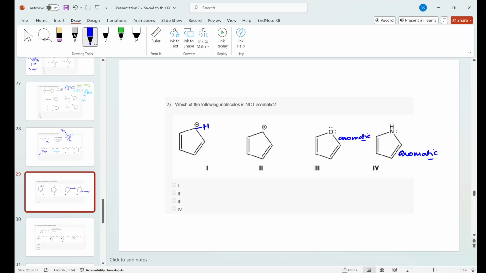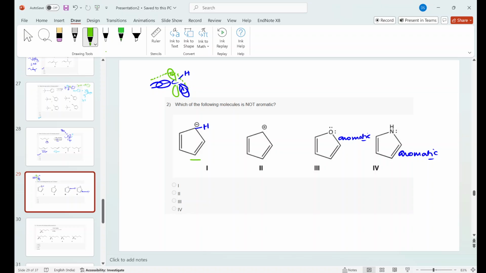Now you can consider these two. Let us just draw it. So carbon, you have one H here, you have two lone pairs here. These are forming the sigma bond, and then you have one perpendicular minus charge, and this is participating in the pi system.